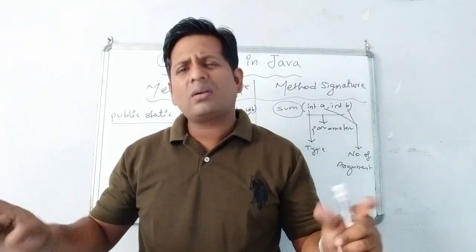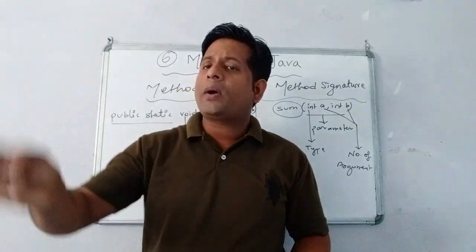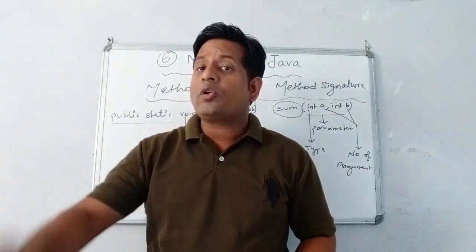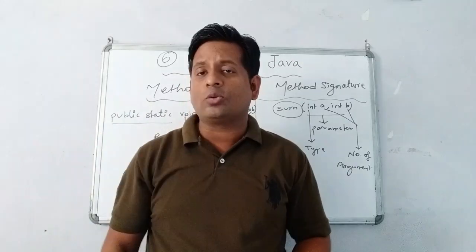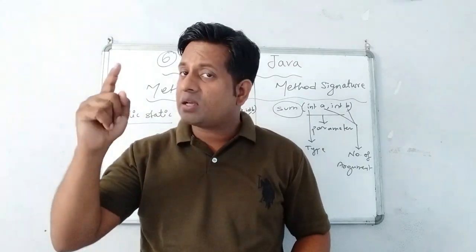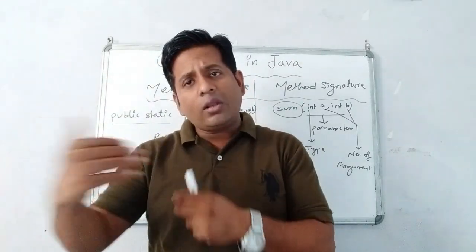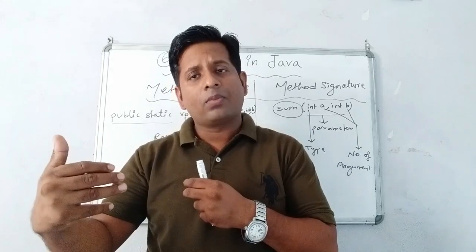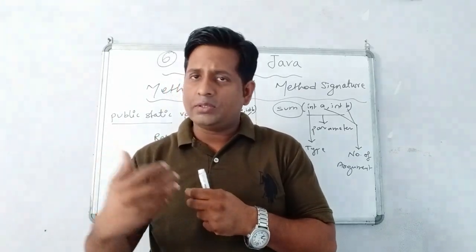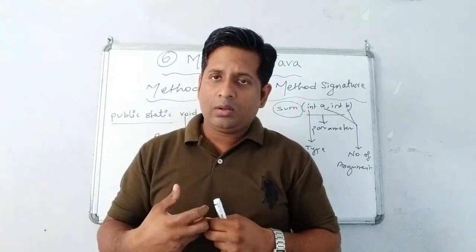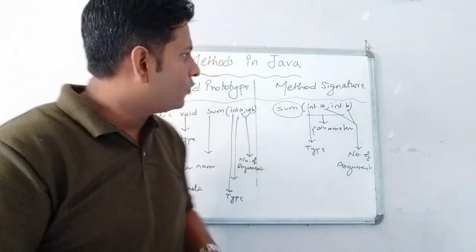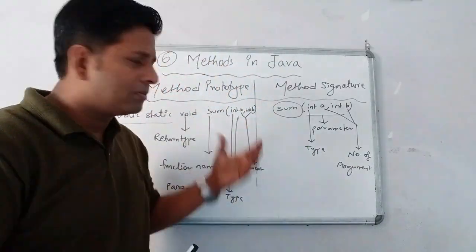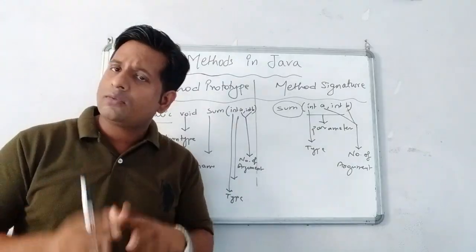Full name? Doesn't matter. They can call you by your initial, by your nickname, by your first name, or by your last name. That is a method signature. Whenever calling is there, we don't use the full name. We simply use the parameters. By that we can call. Clear children? So let us go for the next terms related to method or function.